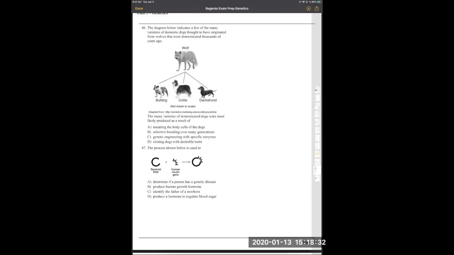Why would you take bacterial DNA and insulin? No, A is not correct. B, produce human growth hormone. Not correct. Insulin is not growth hormone. C, identify the father of a newborn. That's irrelevant. D, produce a hormone to regulate blood sugar, which is insulin. Duh. That is our answer.